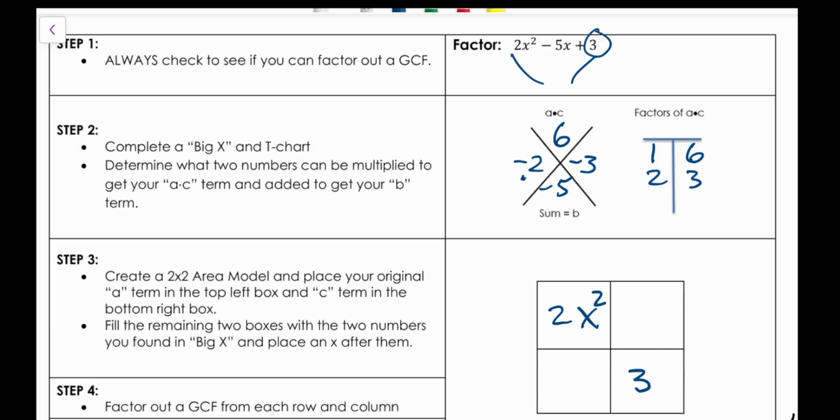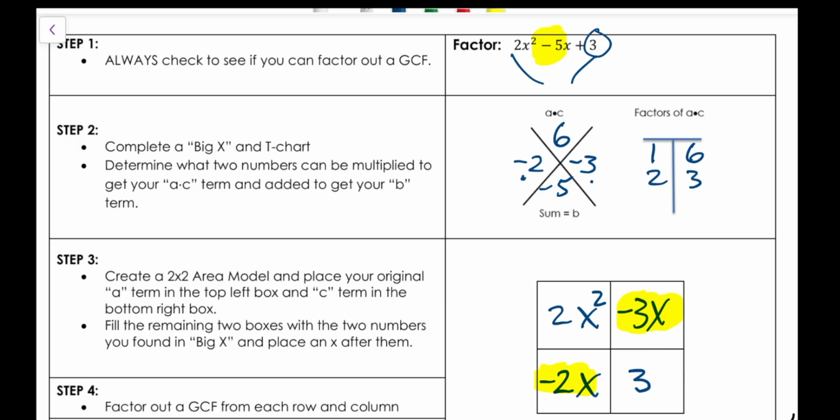So negative 2 and negative 3, but with x's. So really what that big X does is it tells us how we're supposed to split negative 5 to make this all work. Because remember, negative 2 minus 3 is negative 5, so that's negative 5x.